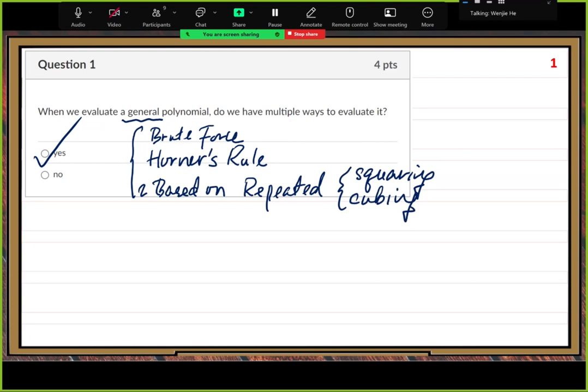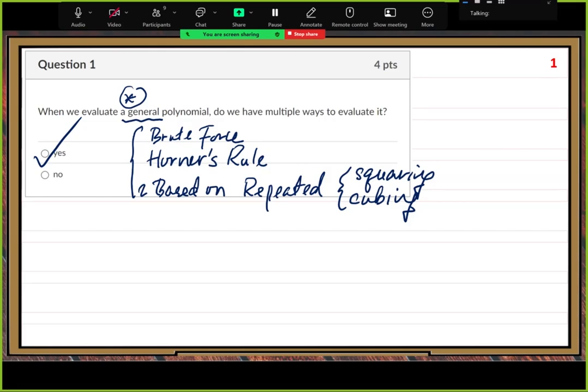Those are what we used in this class. But people can find more. For example, Pascal's triangle, that's not for the general case. Here we're talking about the general case, not a special case.